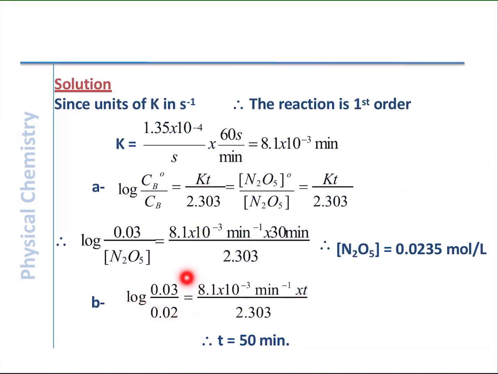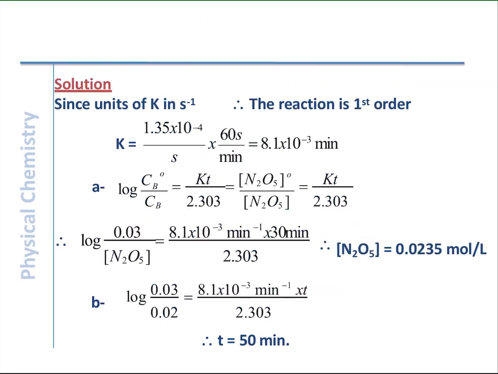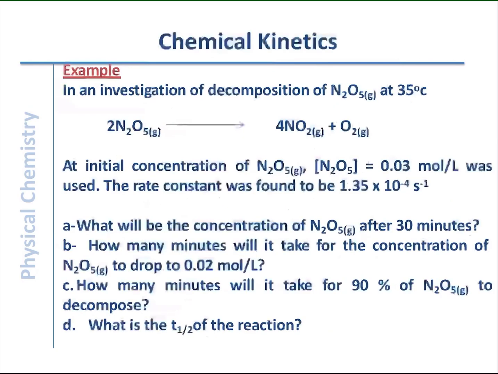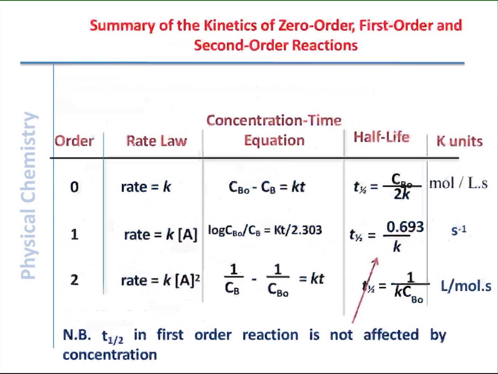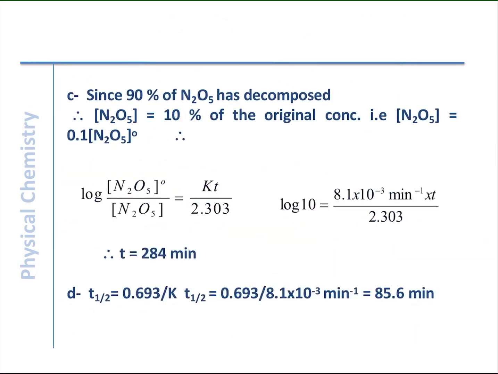Use the same equation to find the time, which will be 50 minutes. In C, you can use the same equation but with different ratios, 90% to 10%.